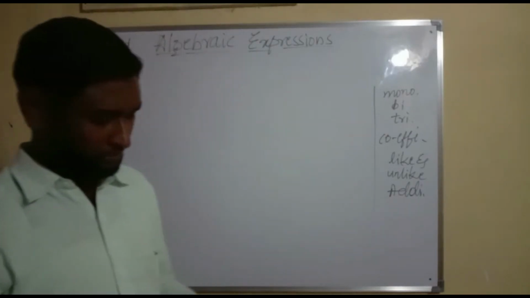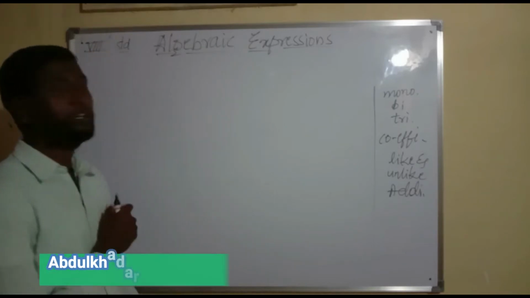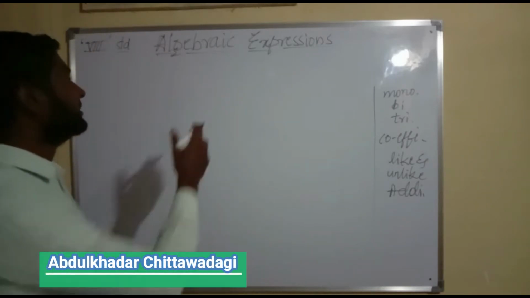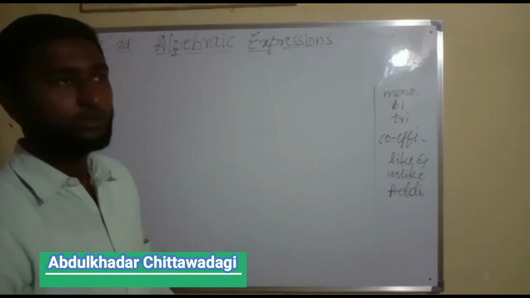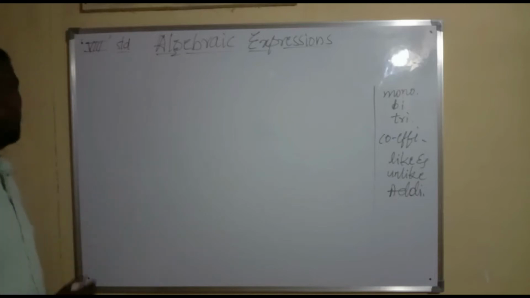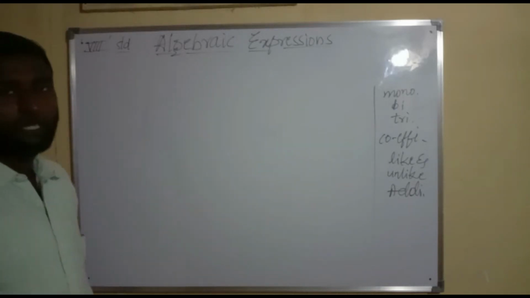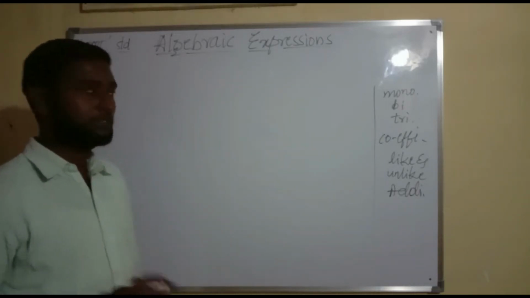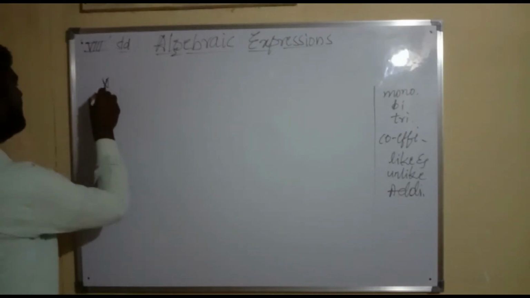Before we deal with the chapter, let us come to know some of the basic terms in algebra. In mathematics, you would have seen we use many symbols, in the form of alphabets or in the form of numbers.